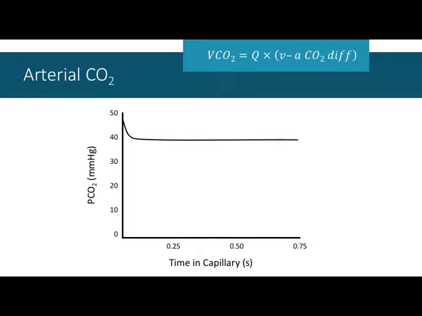CO2 starts at maybe 50 millimeters of mercury. In the alveoli, it's 40, and it's near instantaneous. There's never a question when you're trying to measure the end tidal CO2 that it hasn't equilibrated with the arterial CO2. It does it right away, in 0.05 or 0.1 seconds.